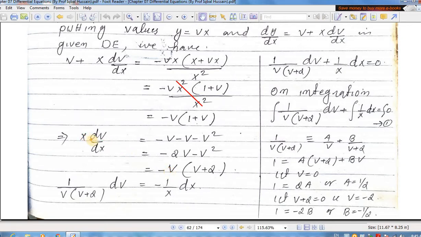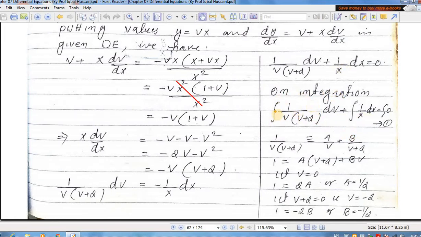Now this is our differential equation, separating the variables. We will get dv divided by v into v plus 2, this minus will be here, and dx divided by x will be here. Now we will transpose this negative term to the left side and integrate. So this is the integration.